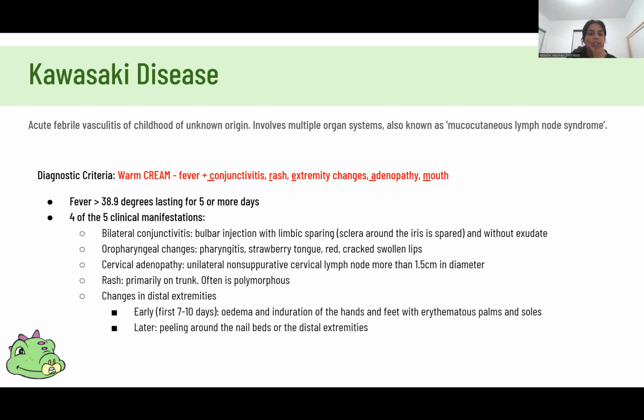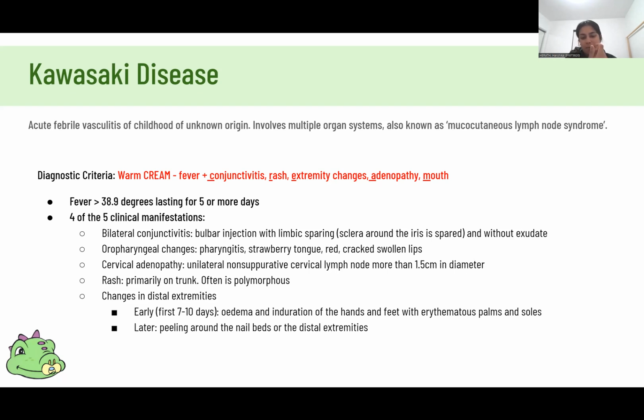E for extremity changes, like edema of the hands and feet. It'll be quite red hands and feet as well. A for unilateral cervical adenopathy, and the lymph nodes need to be greater than 1.5 centimeters in diameter, and then M for mouth. So oropharyngeal changes, things like strawberry tongue, and they'll have really cracked lips sometimes.